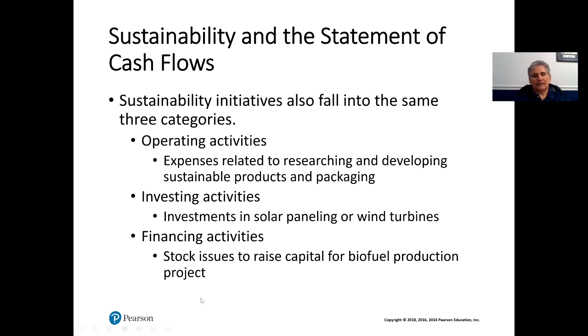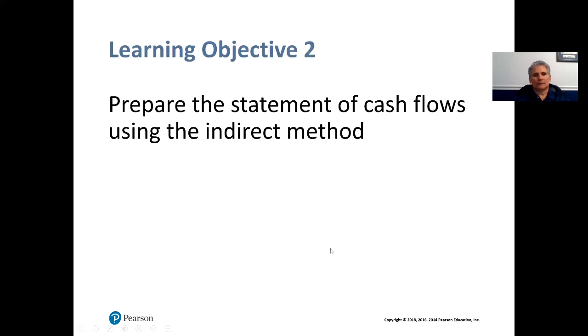And financing activities would be either stock issue to raise capital for biofuel production projects, or maybe even bonds or the issuance of debt, borrowing money. I mean, anything associated with financing activities. But this example here is relating to sustainability.